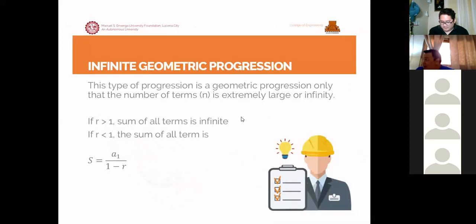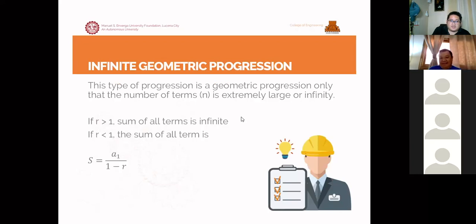Okay, then last, we have yung infinite geometric progression. Sa infinite, type siya ng geometric progression, pero yung number ng terms niya is extremely large or infinity. Kung ang ratio is greater than 1, yung sum ng all terms is infinite.